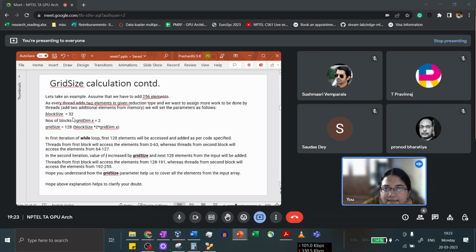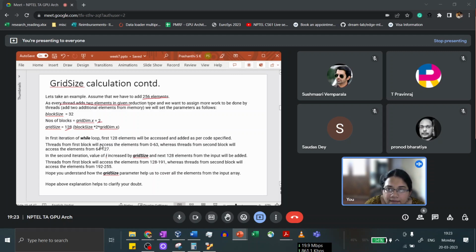Block size is 32, number of blocks equal to gridDim.x, which is 2, and grid size equal to 128. So for now this is an assumption, right? Block size times 2, so you know block size is 32, and you know grid dimension is 2, so 32 times 2 is 64, times 2 is 128. We've not spoken about why there is this times 2, but let's just take this grid size to be this, and this is 128 in this example.